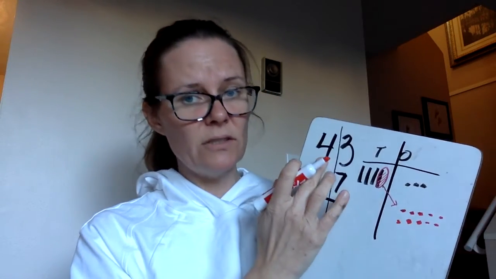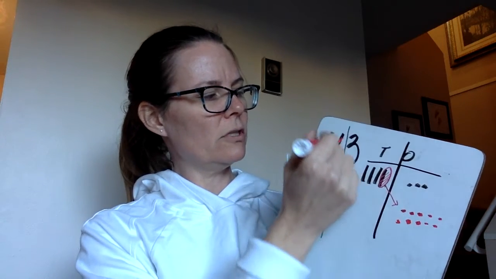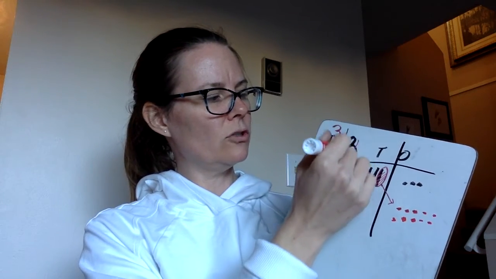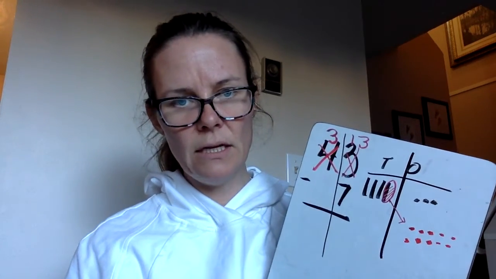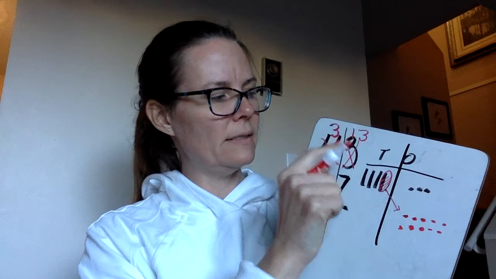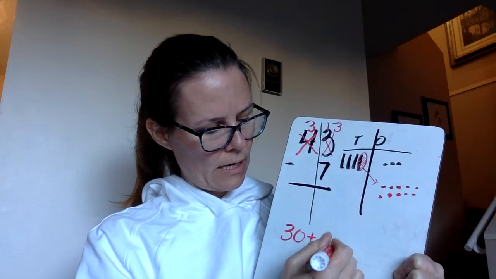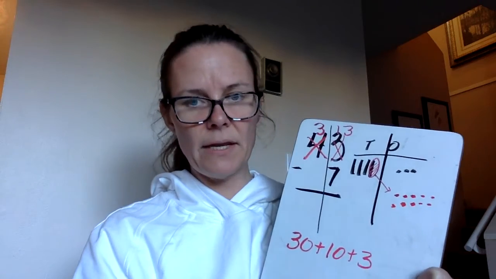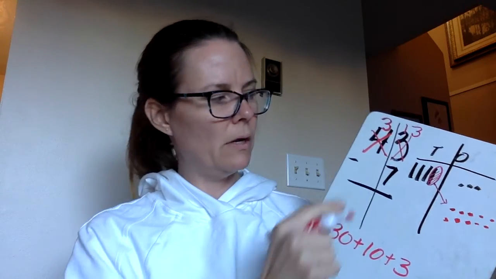Okay, but the picture here is not showing the picture here, so I'm just going to change this number around to show that I did it this way. Does that mean 313? No, it still means 30 plus 10 plus 3. It's still 43 up there.